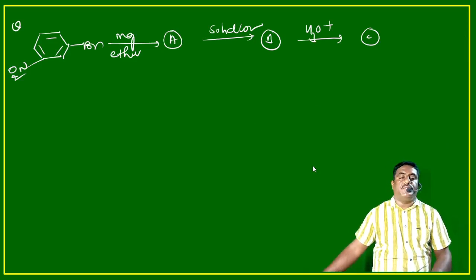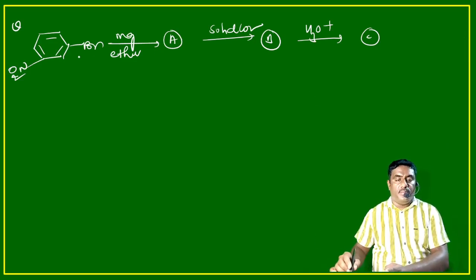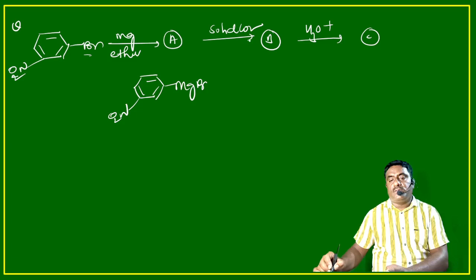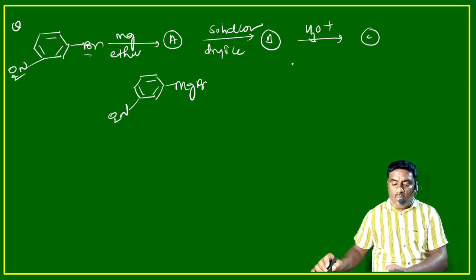Have a look at the question. Benzene with Br and a NO2 group in magnesium, dry ether. What is the product? It forms a magnesium bromide. See, look at the structure. It forms the magnesium bromide with NO2, in the presence of solid CO2, dry ice. What happened?